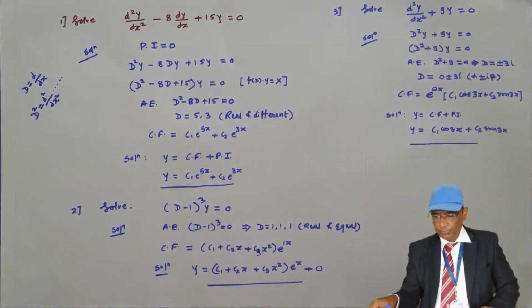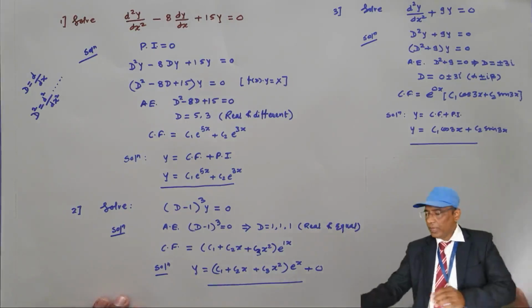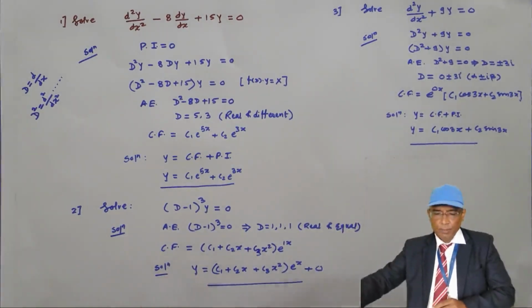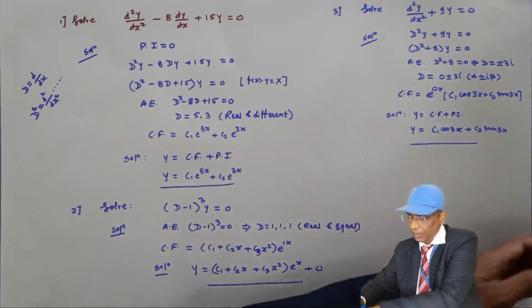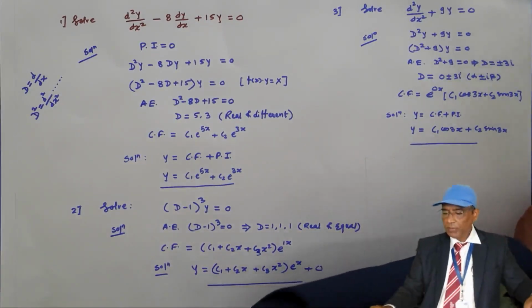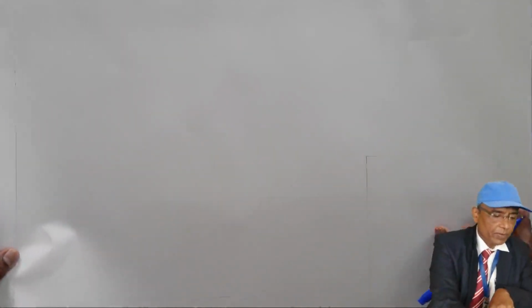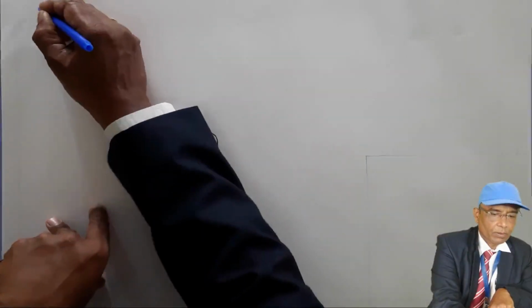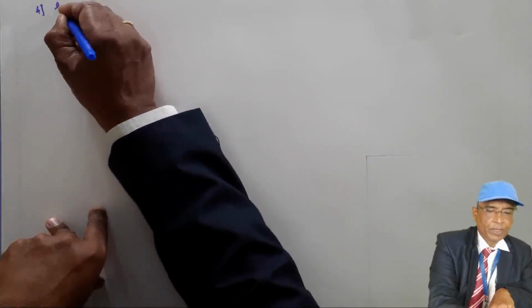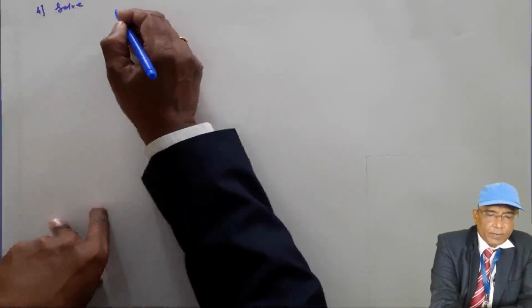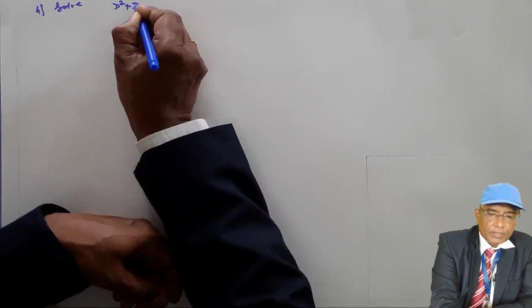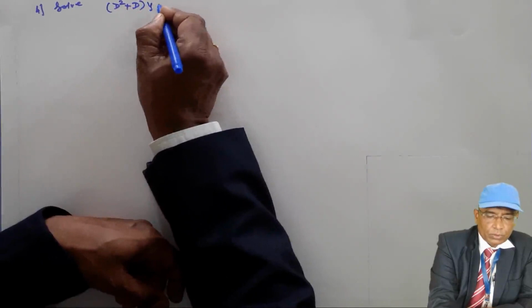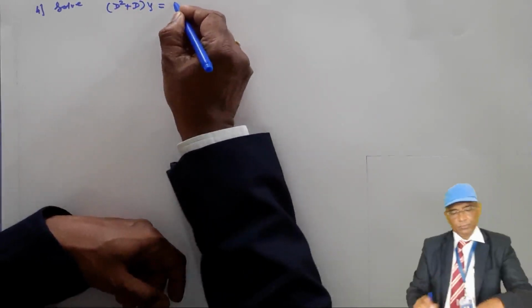Okay. Now we are going to discuss one more sum on the differential equation. Solve the differential equation, the fourth one: (D square plus D) y is equal to 0.